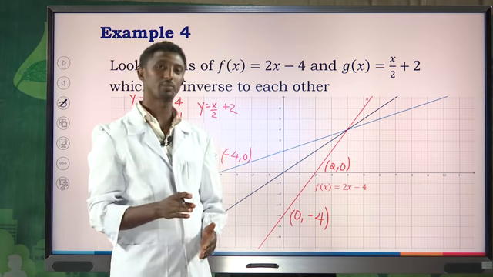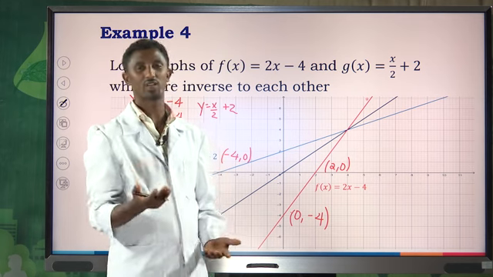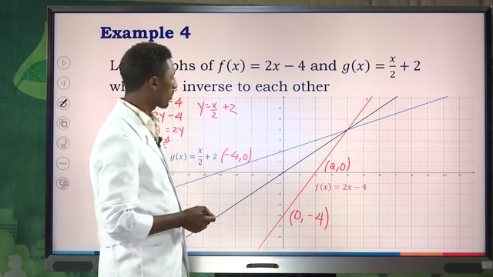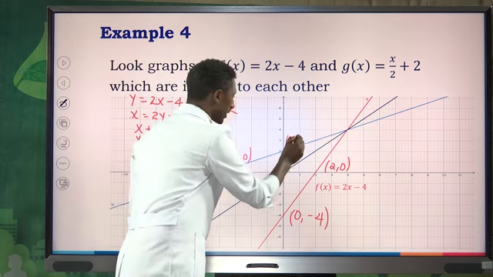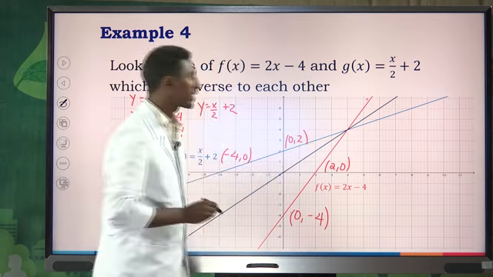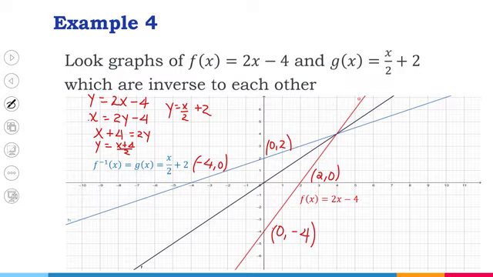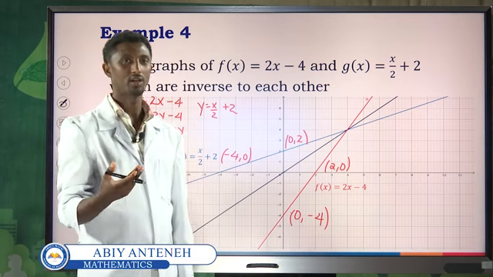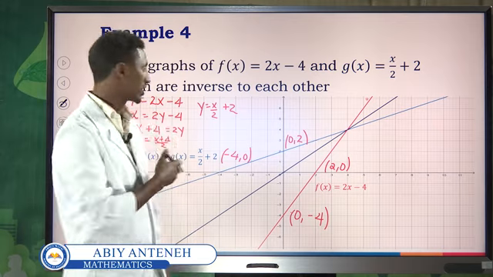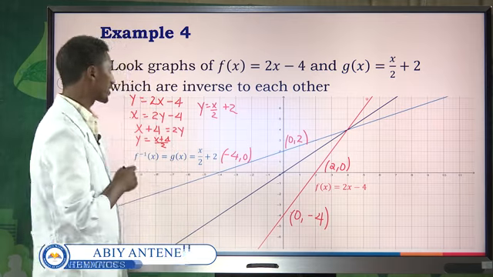So its inverse must be 0, 2. Let's see where the point 0, 2 is. The point 0, 2 is on the graph of g of x. So we can take some points on f of x and check that its inverse point is on the graph of g of x.